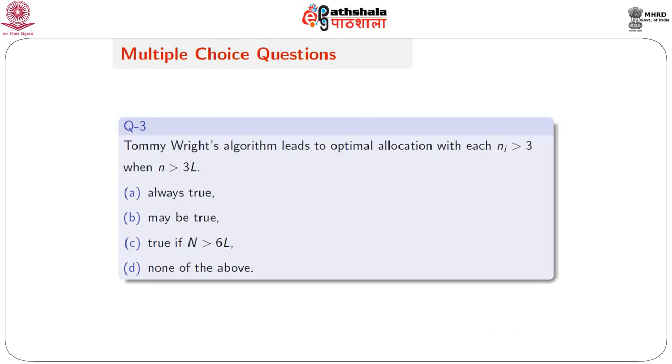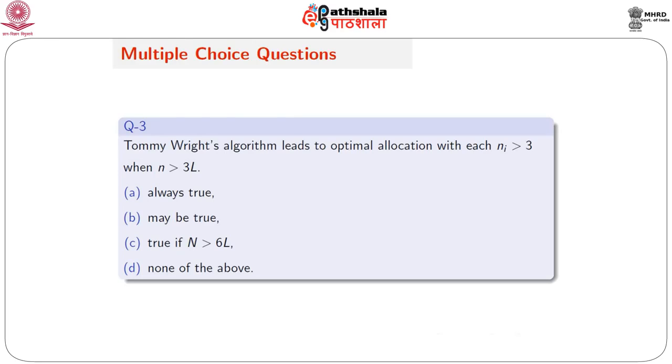Let's see again. Every small ni greater than 3, if small n is greater than 3L, then of course small ni greater than 3 implies n has to be greater than 3L. There is no question about it. So maybe the spirit of the problem is that this algorithm leads to optimal allocation with each ni greater than 3 when n greater than 3L, but not necessarily, as you know.